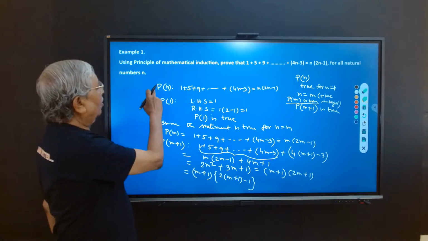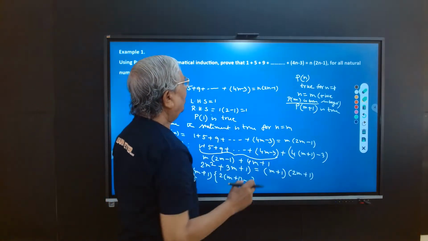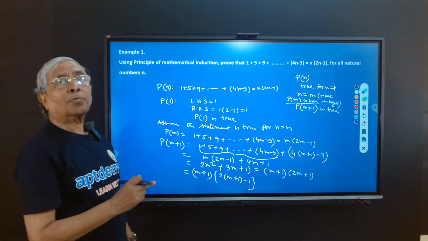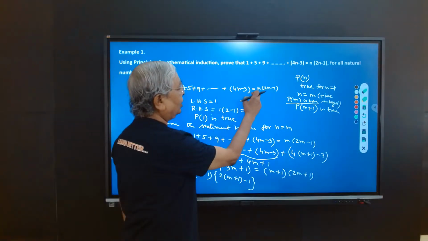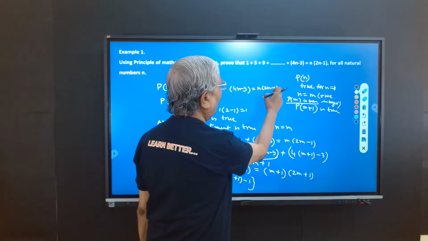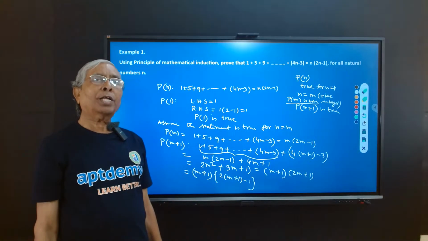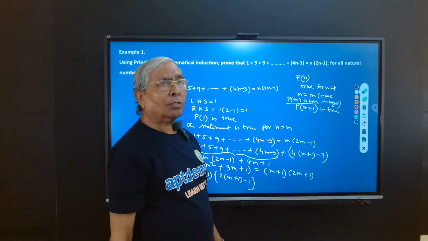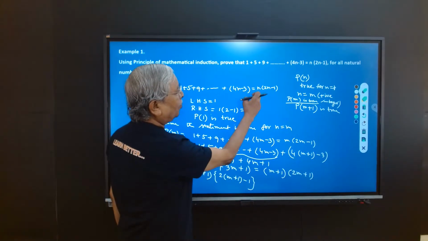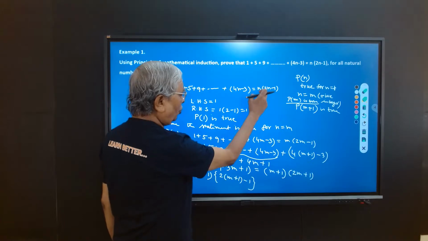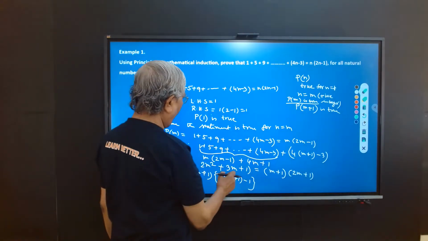So look here. What is the statement Pn? Pn is the statement 1 plus 5 up to 4n minus 3, the right side is n into 2n minus 1. So on the right hand side, if you put n equals m plus 1, what do you get? m plus 1 into 2 into m plus 1 minus 1.